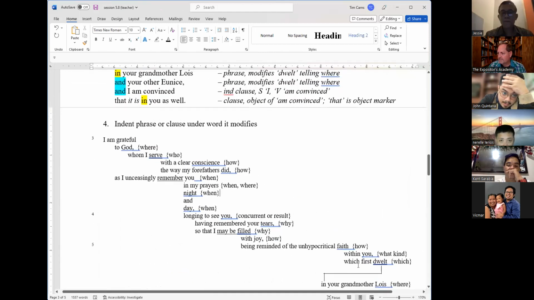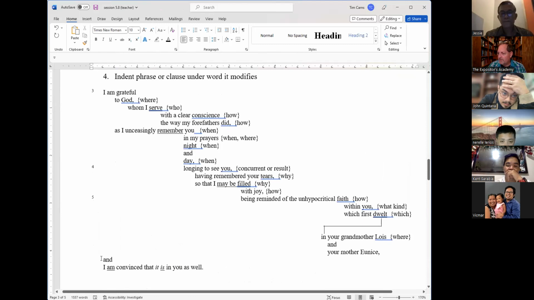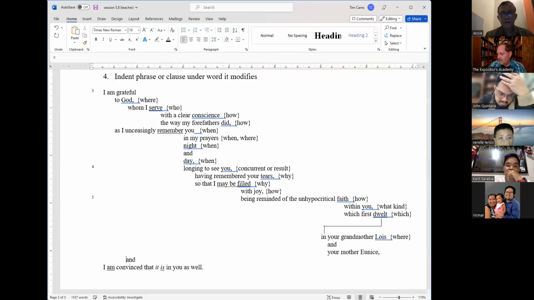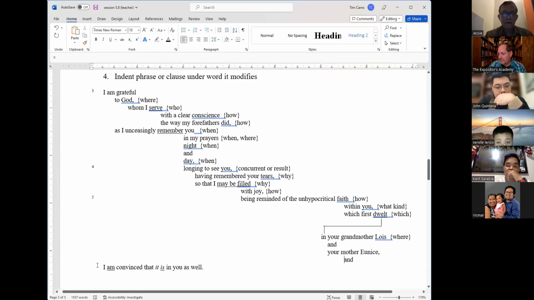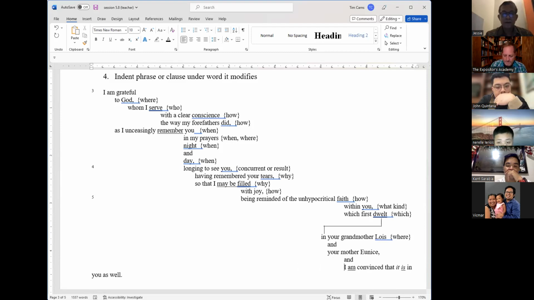There it is. Now, I had put this as an independent clause, but I think we could consider it possibly could go here, with the idea of... Right. So those are two possibilities.